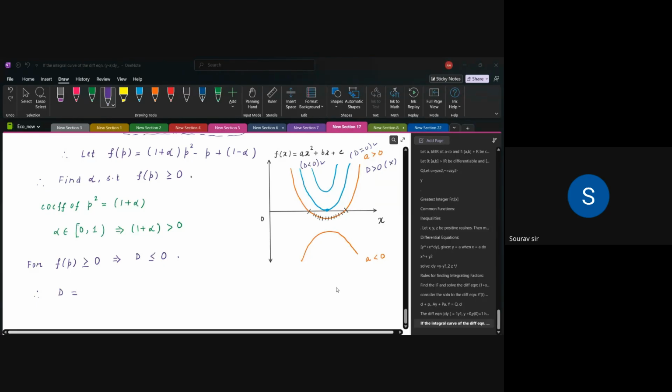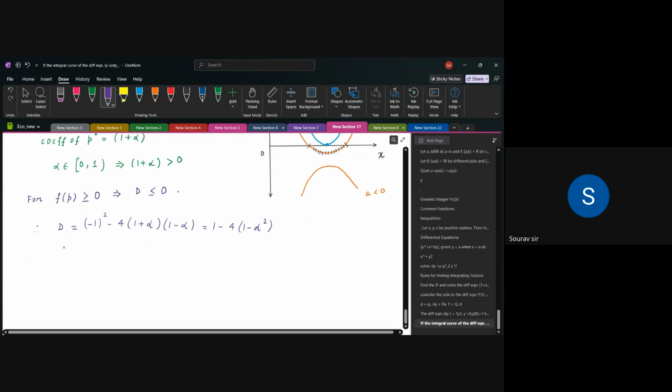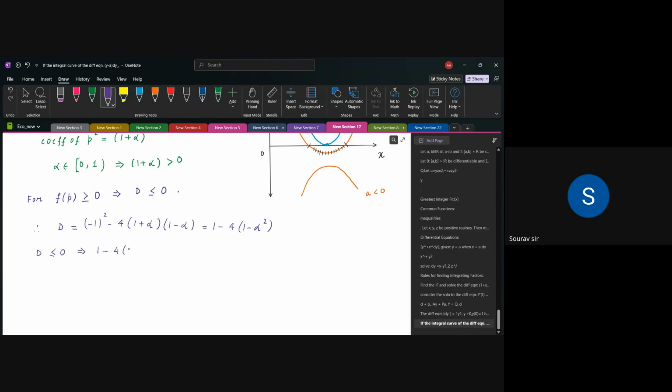What's the discriminant? B square minus 4 into... Right. So discriminant less than or equal to 0 implies 1 minus 4 into (1 minus alpha square) should be negative.